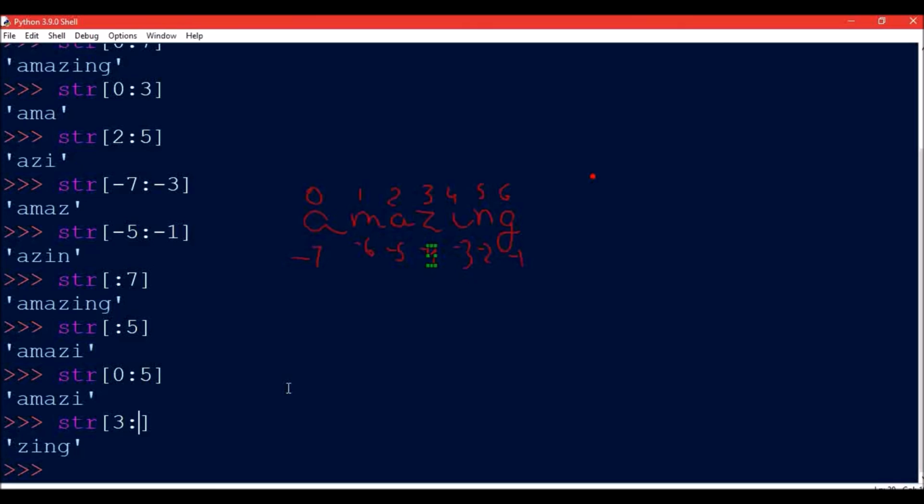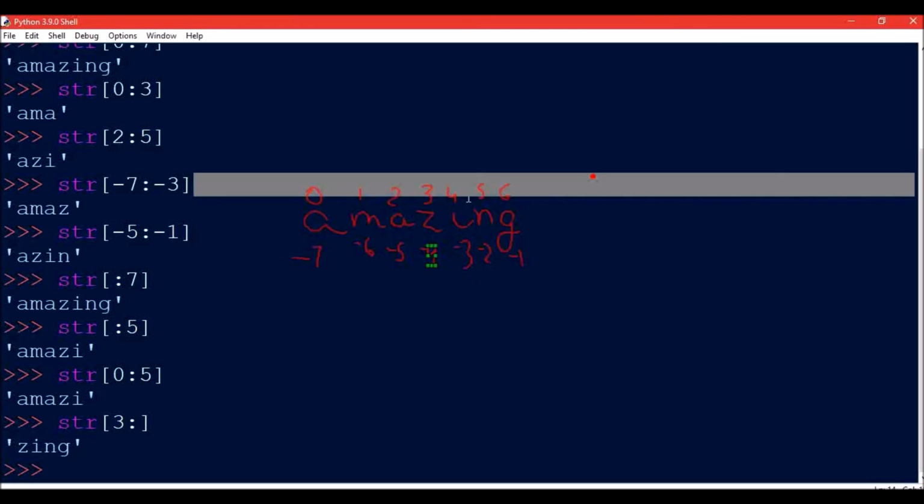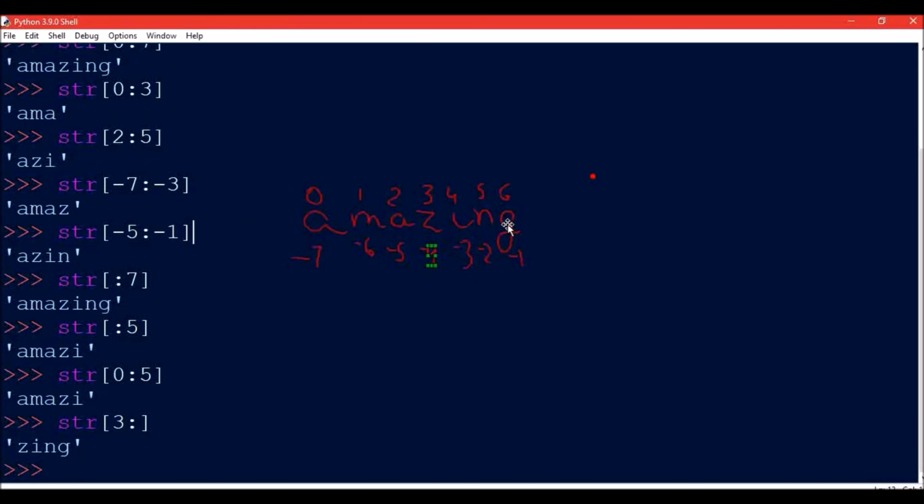But I said that 7 minus 1, up till that position we are going to take the characters. So now the last index is missing, so the last index will be treated as the length of the string. So the length of the string is 7, 7 minus 1 is 6. So from 3 up till 6, these characters will be printed. So at 3 we are having Z, then I, N, G. So this will be printed.